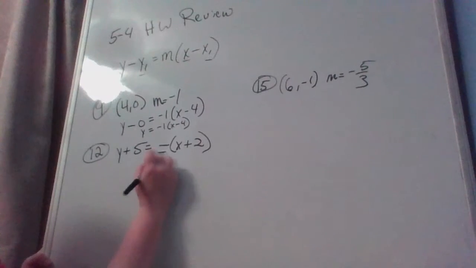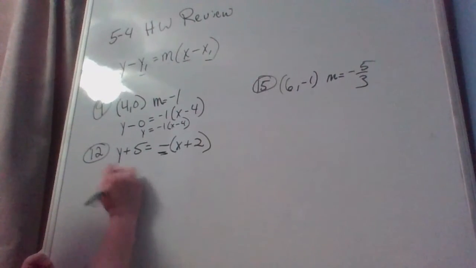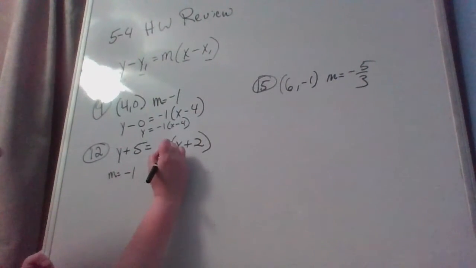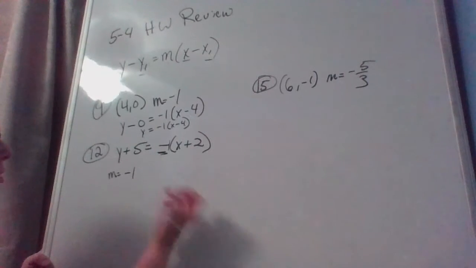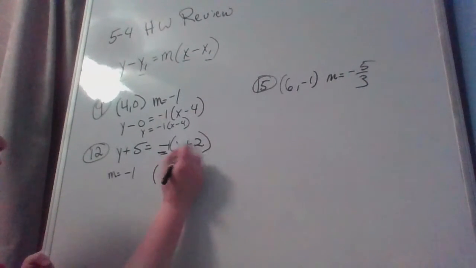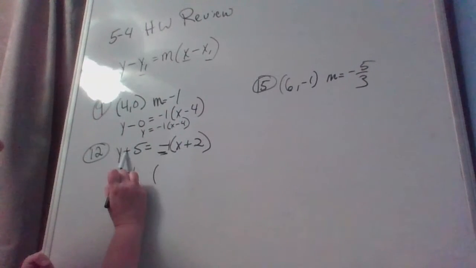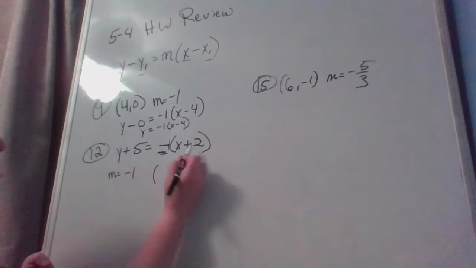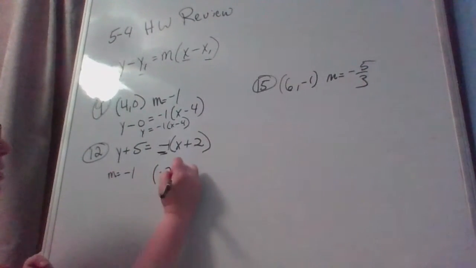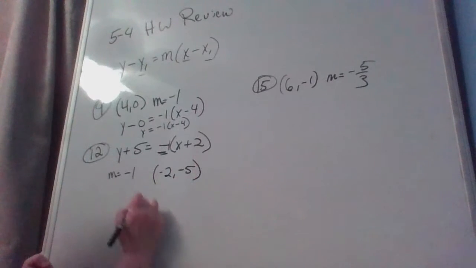So we know that our slope is here, which is -1. There's no 1 there, but there's not a number. It's understood to be 1. And our point, notice that these are positive or plus signs. So our two numbers would each be negative, -2, -5.